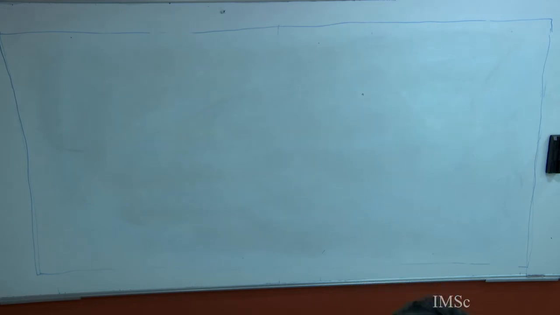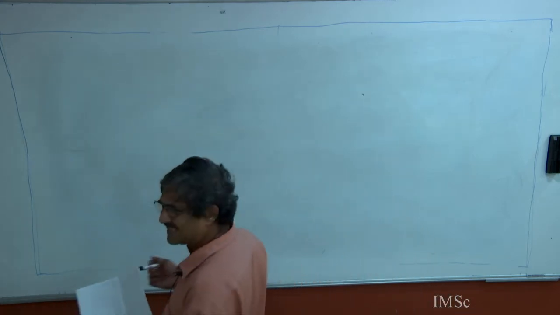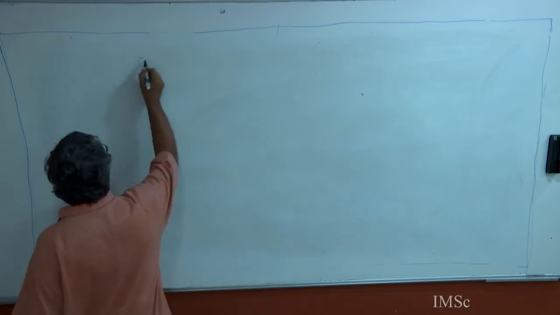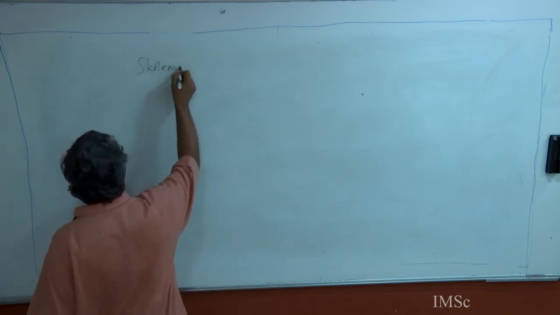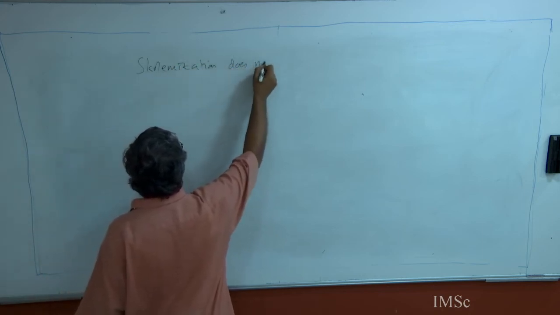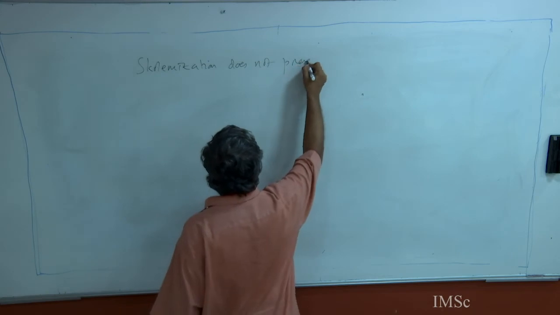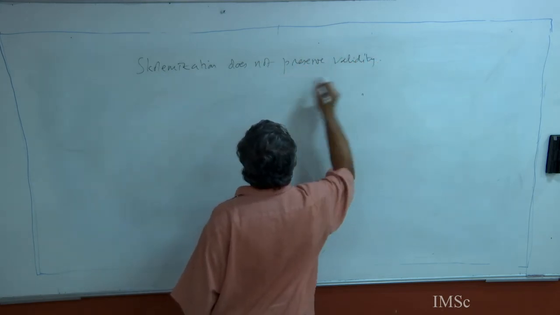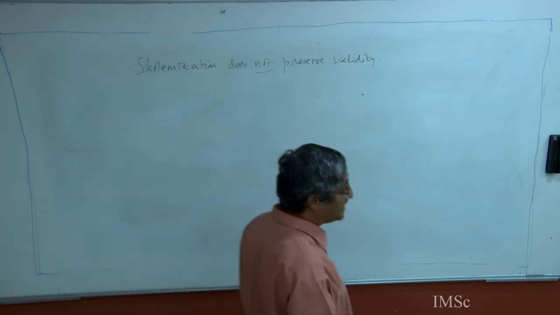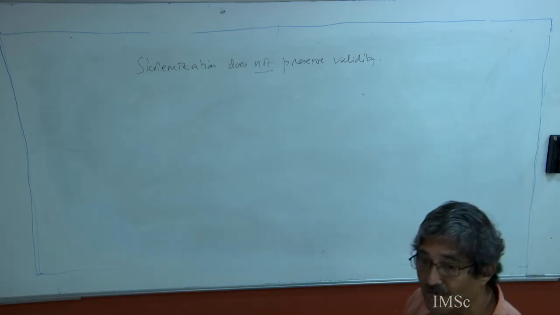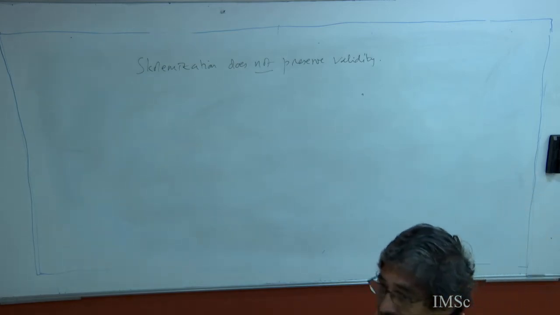That's why all this. So firstly, I think I mentioned this last time, I don't remember. Maybe let me repeat it, it's okay. First is, remember that Skolemization does not preserve validity. Okay, so it changes the meaning, right? So one should be careful about using Skolemization.